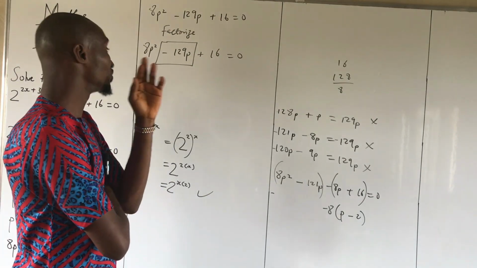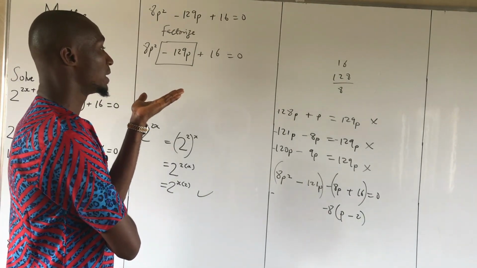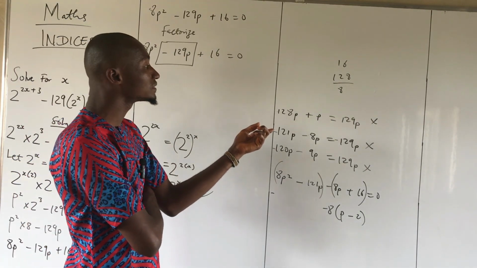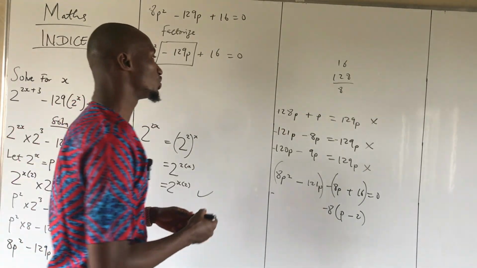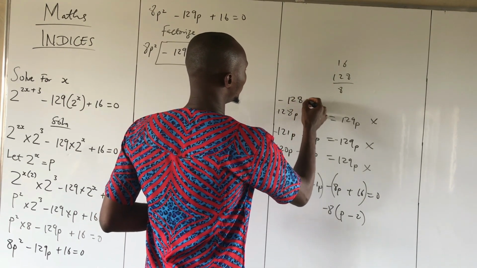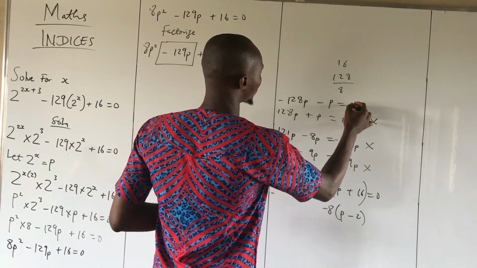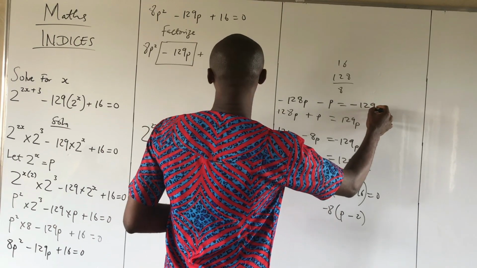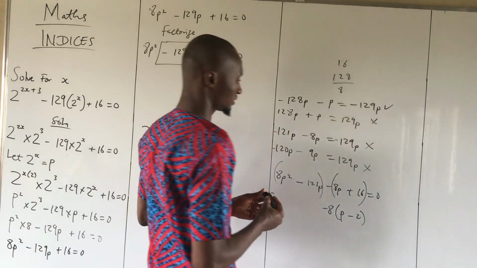Rather, it's going to be minus 128 minus p.